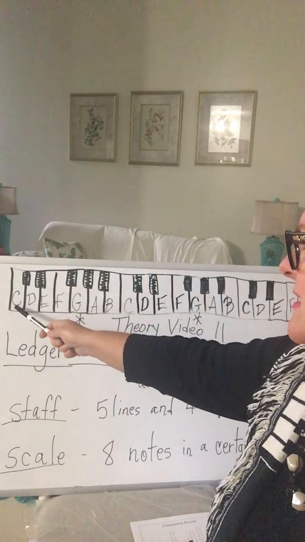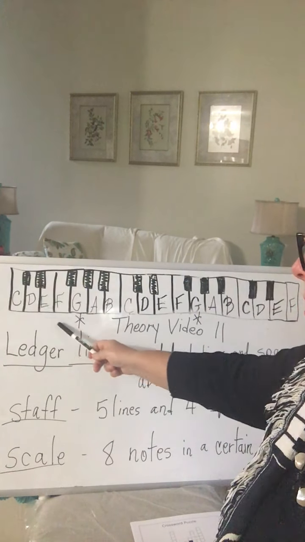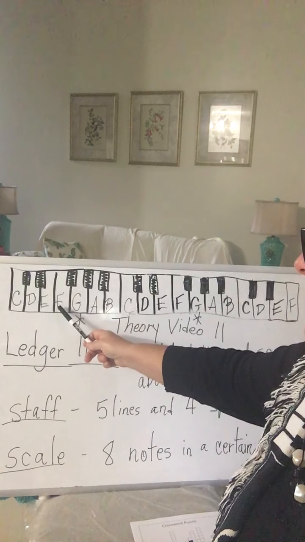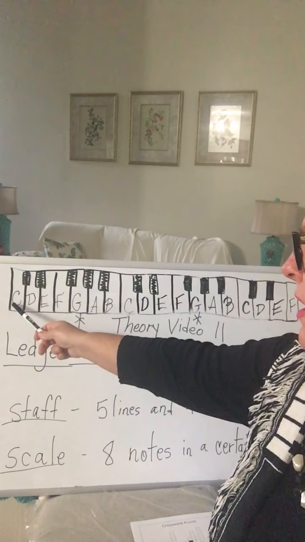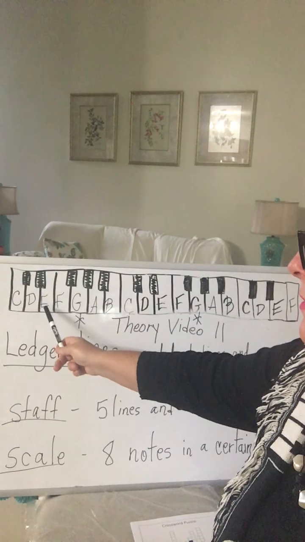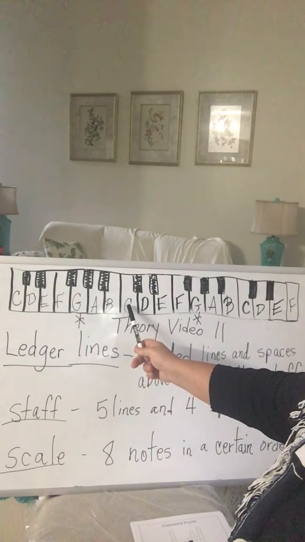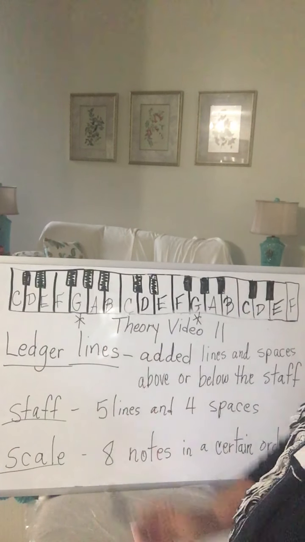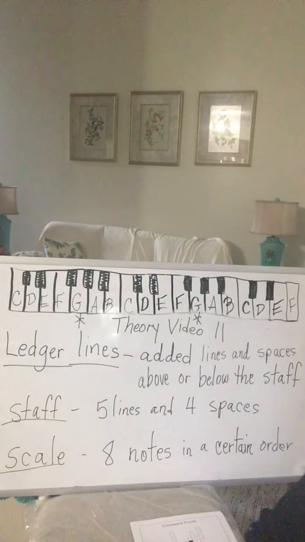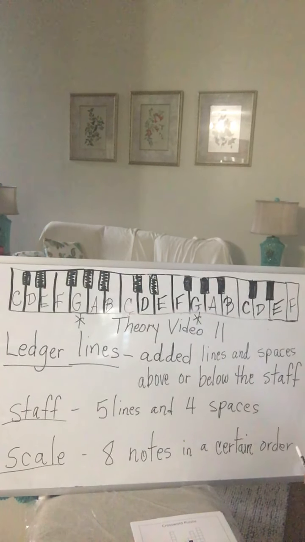When we're playing the C scale, we play C, D, E, and then put our thumb under and play 1, 2, 3, 4, 5. So that's a total of 8. 3 notes, thumb goes under, and then 5 more in a certain order. So that's C, D, E, F, G, A, B, C. That makes up our C major scale. So scales have 8 notes in a certain order.